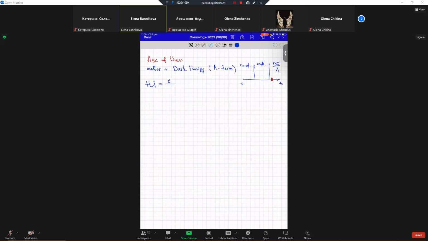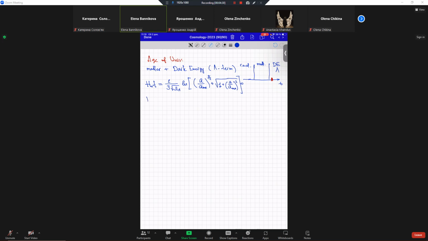This is 2 divided by 3 square root omega lambda, times the logarithm of a divided by a_m lambda, plus the square root of 1 plus (a divided by a_m lambda) cubed.